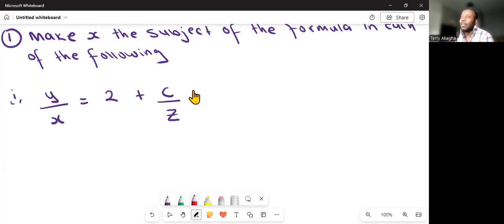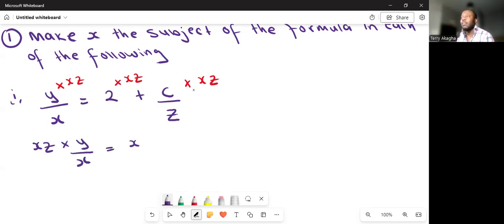As you can see, the fractions we have are X and Z. So in order to get rid of the fractions, I'm going to multiply through by XZ. So XZ multiplied by Y over X will be equal to XZ multiplied by 2, plus XZ multiplied by C over Z.